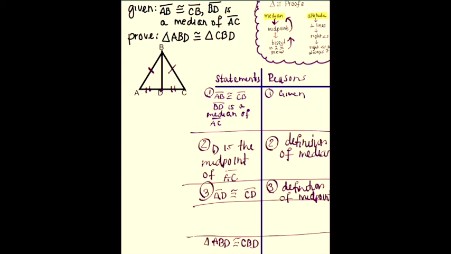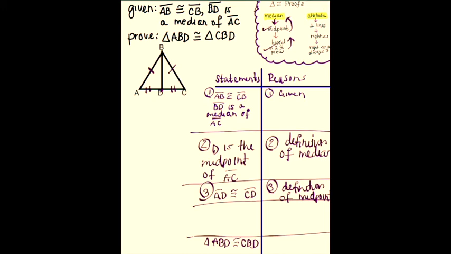Okay. So I used the given to mark on my diagram. I created as many statements as I could from my given, which was these things. And then all I can now do is study my diagram. And I'm looking for vertical angles, linear pairs, or the reflexive property.